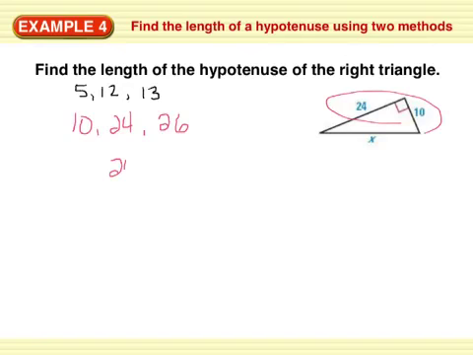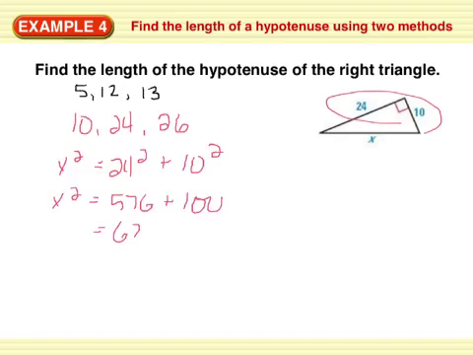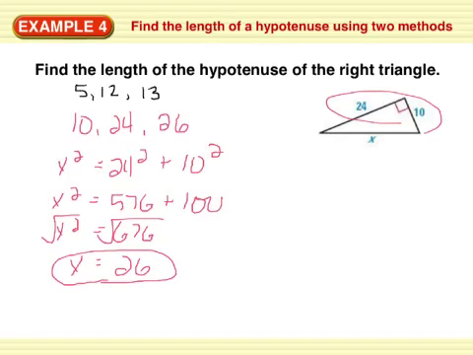So we have 24 squared plus 10 squared equals x squared. 24 squared is 576 plus 100, 676, square root of both sides, x equals 26.